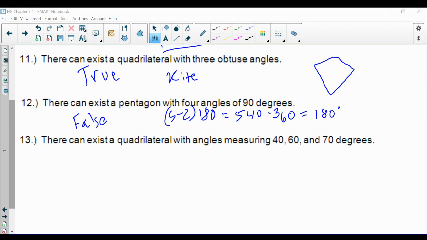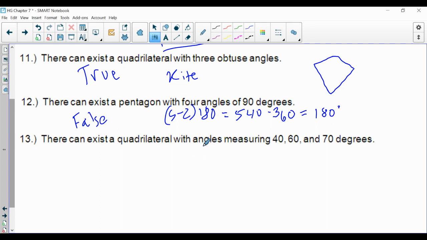All right, so let's go ahead and try this one out. There can exist a quadrilateral with angles measuring 40, 60, and 70. In this case, we might remember, hopefully, that 360 degrees is the total in a quadrilateral. Let's just subtract all of these, not just those 2, all of them. When you do that, that's 170.